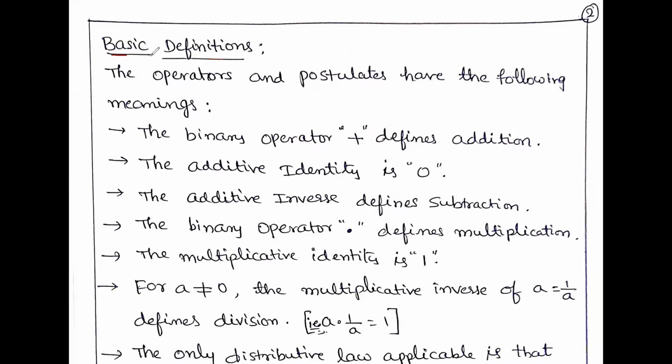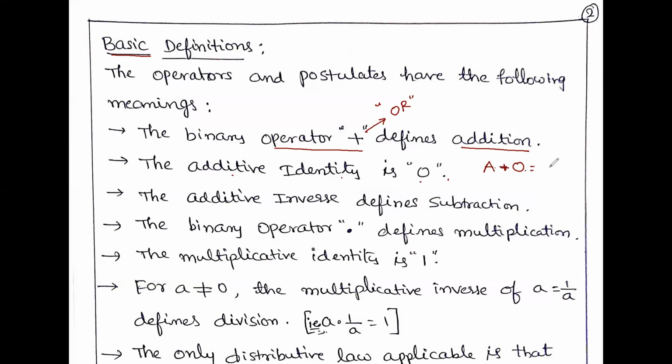Now let us discuss the basic definitions for several operators and postulates. The first one is the binary operator plus, which defines the addition operation and is also used to specify the OR operation in Boolean algebra. The second point is that the additive identity is 0. What is meant by additive identity? When you add any number to 0, it doesn't change the value of that number.